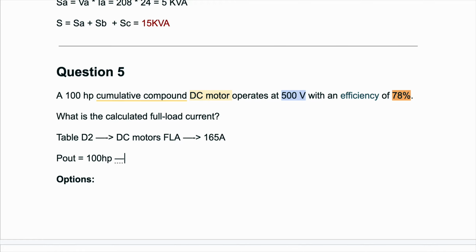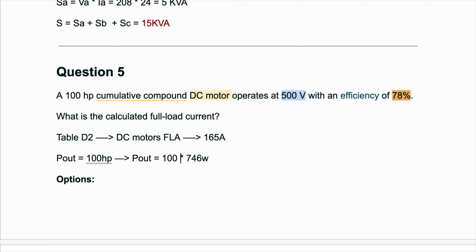So here, let's convert this 100 horsepower to watts. P out, when we want to calculate in watts, we can multiply it by 746 watts.